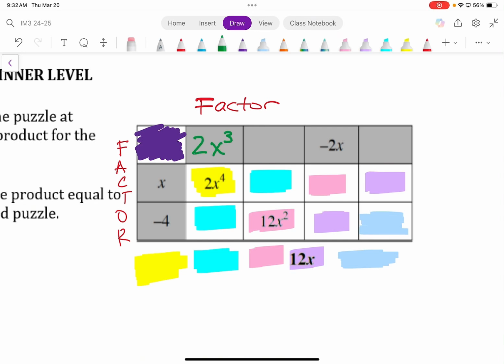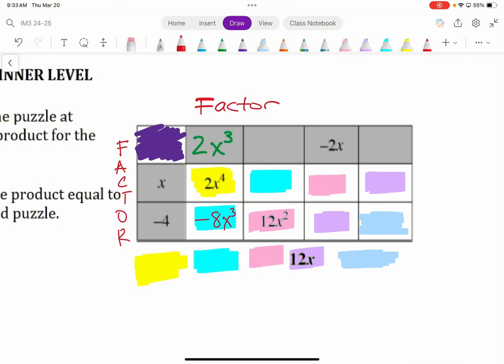How do I fill in the bottom box below 2x to the fourth? What do I multiply? Think about what we're multiplying here. When you have it, raise your hand. I'll ask the question again. How do I get the first blue box in the column? Not 16. Go ahead, Kenneth.